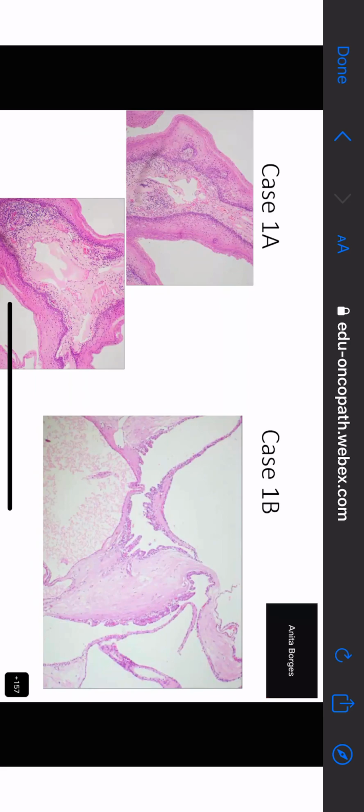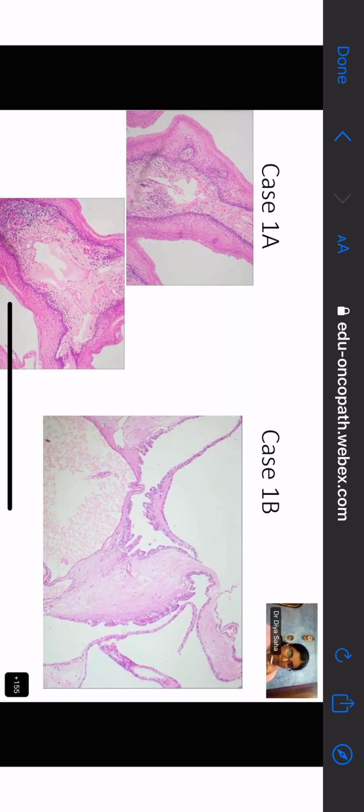Have you told me anything about the lining? Ma'am, lining, I'm not sure in this picture. That will be more evident in the higher magnification picture. So what is the lining in 1A?